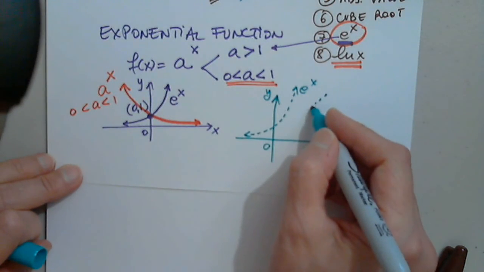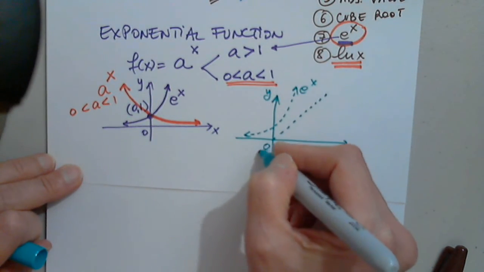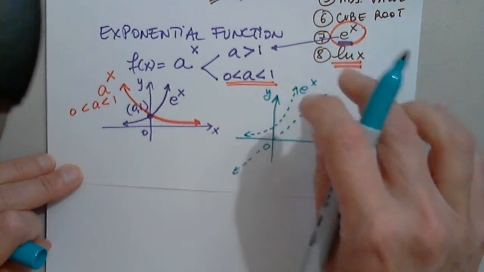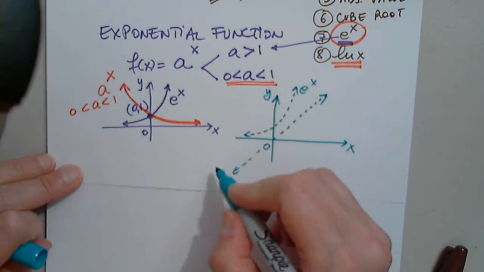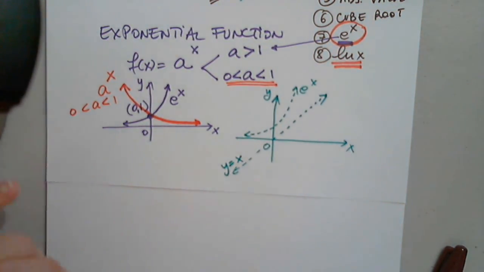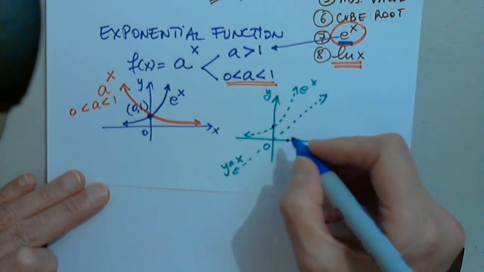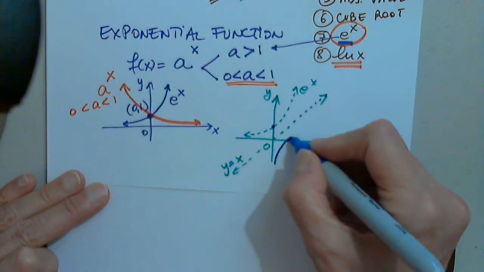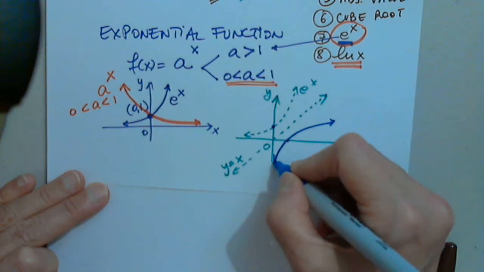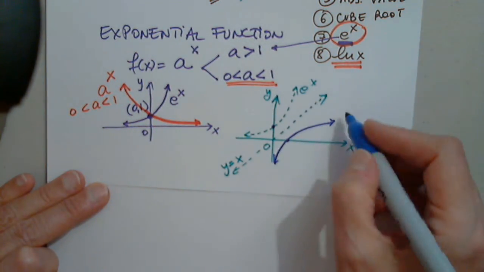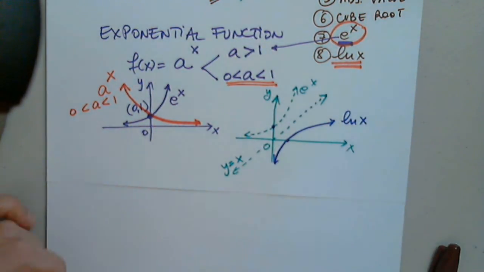You draw y equals x, which bisects the first and the third quadrants. And exactly symmetric on the other side, if this is (0, 1), this must be (1, 0). Exactly opposite is this graph of its inverse function, natural log x.